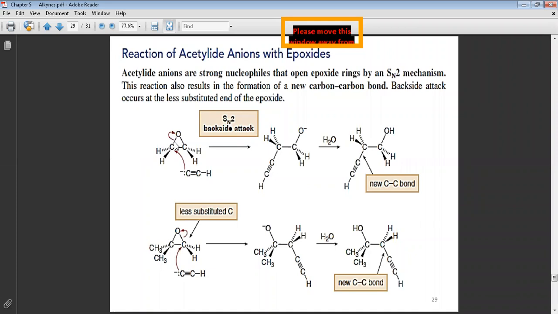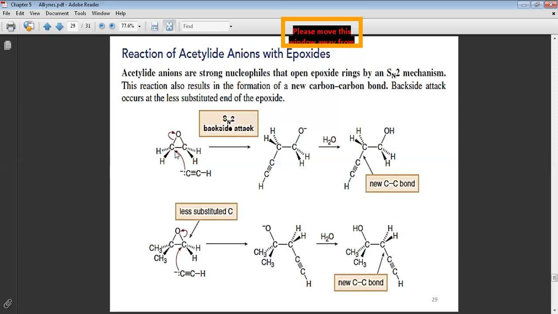Now, if you have an acetylide anion, it will attack this carbon or this carbon. Why? You know oxygen is a highly electronegative atom, so it will be partially negative, and both carbons will be partially positive. The acetylide anion is a nucleophile, and a nucleophile will attack the partially positive carbon.